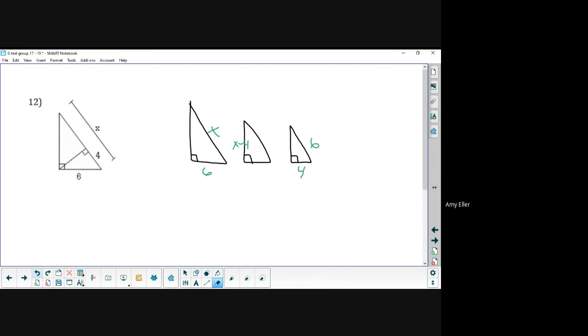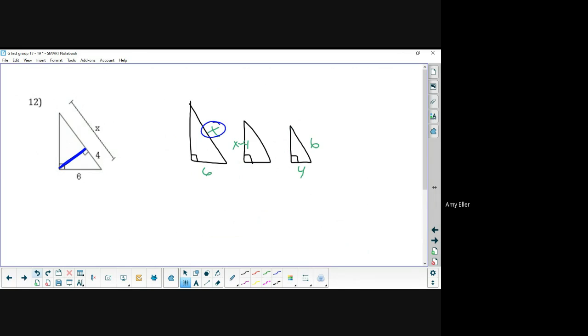Please, please. I'm trying to help you save points, find your own mistakes before you turn it in and I find them. Check your altitude. That should appear here and here. This is blank, which is why this is blank and this is blank. Now I'm ready to compare some triangles.